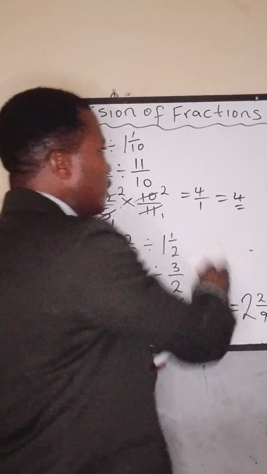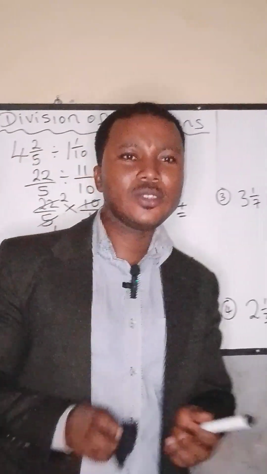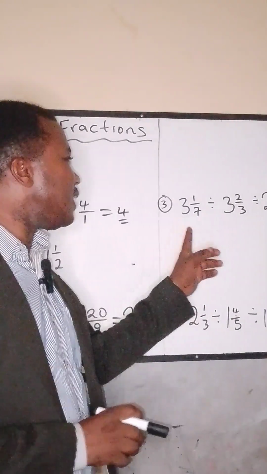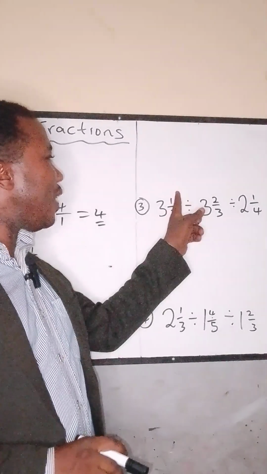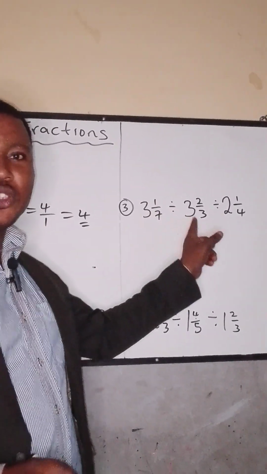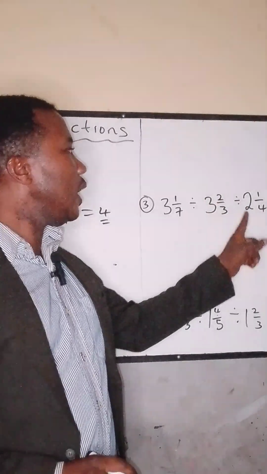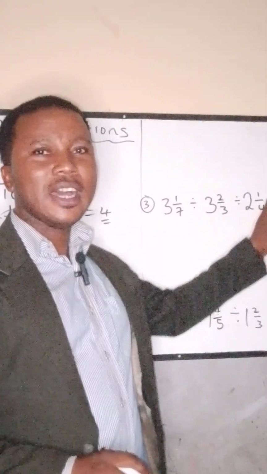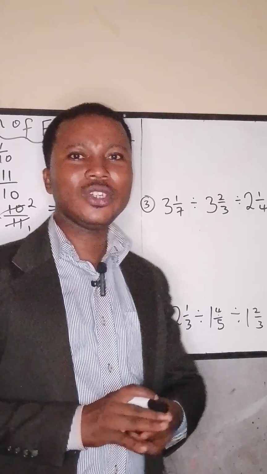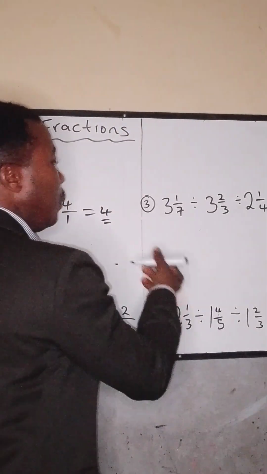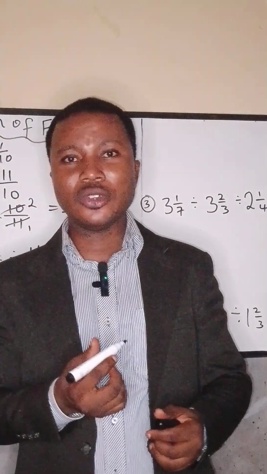Okay. So let's look at number 3. Let's look at number 3 here, which says 3 whole number 1 all over 7 divided by 3 whole number 2 all over 3 divided by 2 whole number 1 all over 4. Good. The same thing we do here, we change to improper fractions.